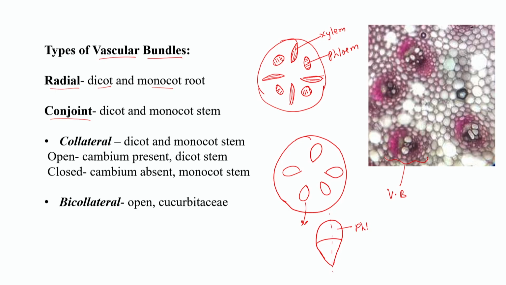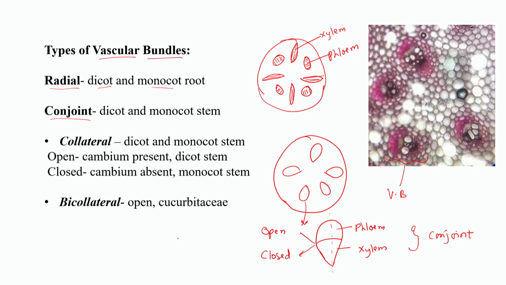So, this is the phloem and this is the xylem. This type of arrangement is known as conjoint. Now, conjoint can be open or closed.